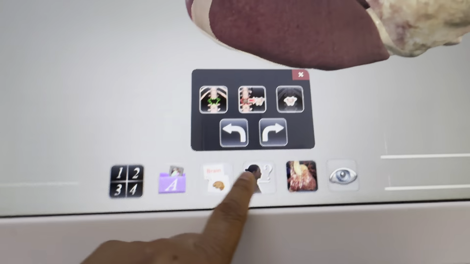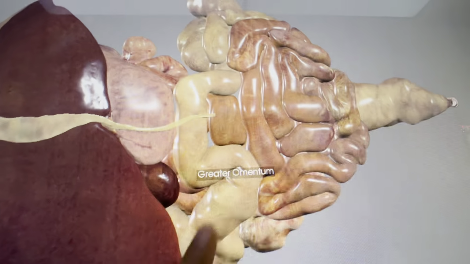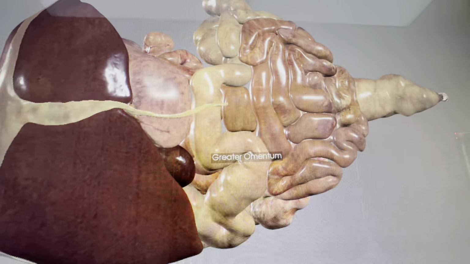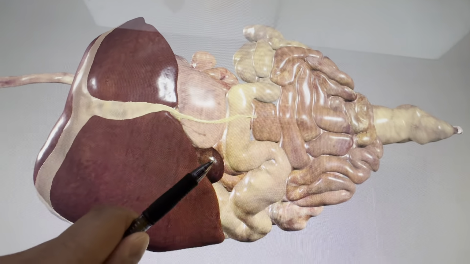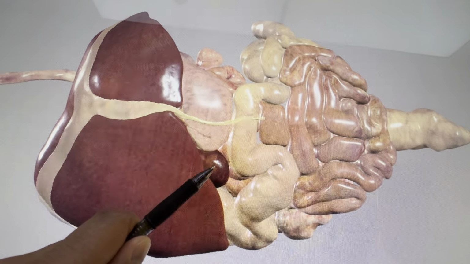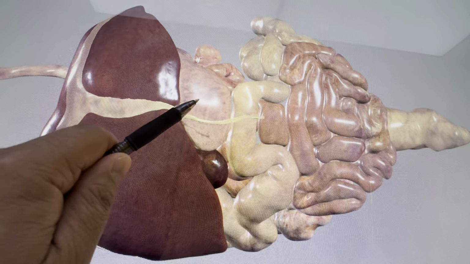So we take this and we remove it, and we get rid of the greater omentum, and then I believe the mesentery or the mesenteric fat has already been removed. And now you can see this structure here, which is your gallbladder. This structure here, which is your stomach.